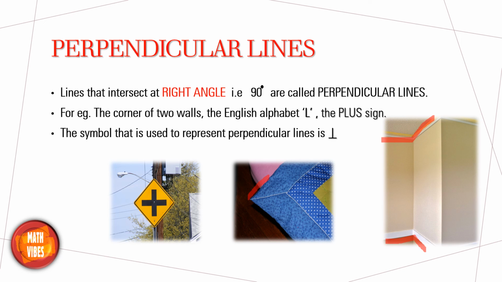Here also you have L. Here you can see there are 4 L's in this figure. So these all are examples of perpendicular lines. Sometimes the grill doors of windows, or the gate design, are also in the shape of perpendicular lines. You have to observe on your own to understand this concept better.